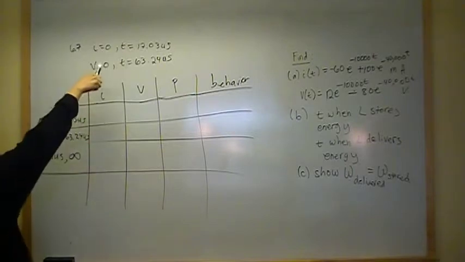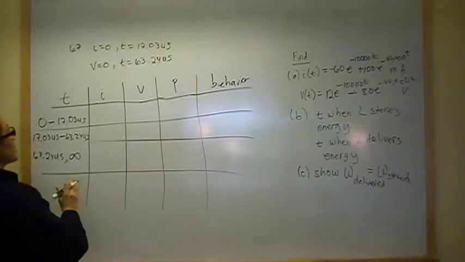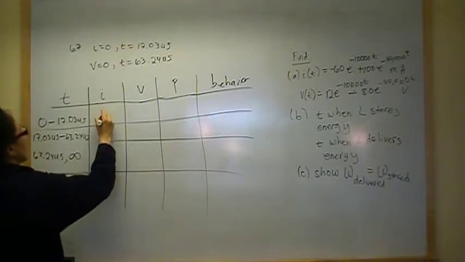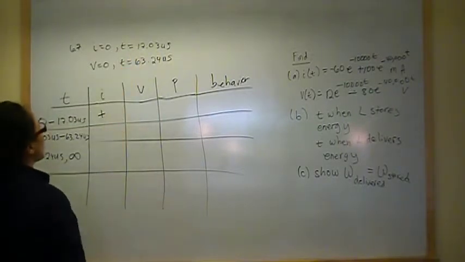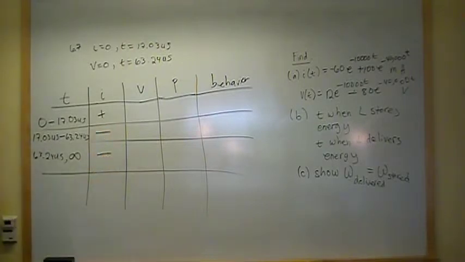Current is 0 when time is 17.03. That means current is a declining function. So before time 17.03, it's positive, and after it crosses 0, it's negative.